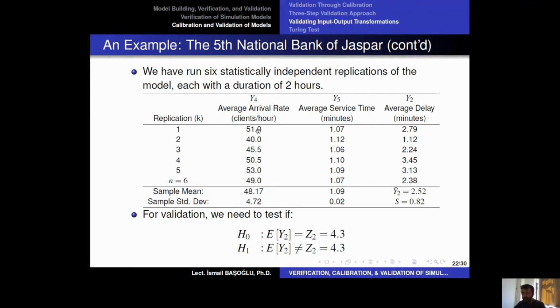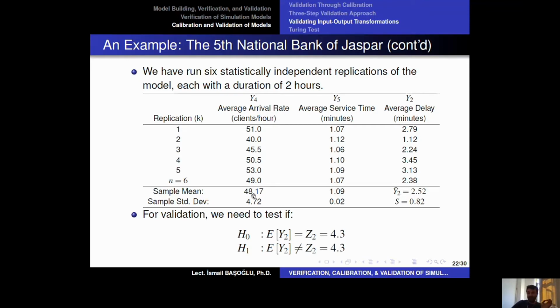So the average in that replication is calculated by calculating the inter-arrival times of each client, and by taking the average arrival rates among the replications, we are calculating the average of the averages for the arrival rates. And the sample mean here for 6 values is 48.17, and the sample standard deviation is 4.72.